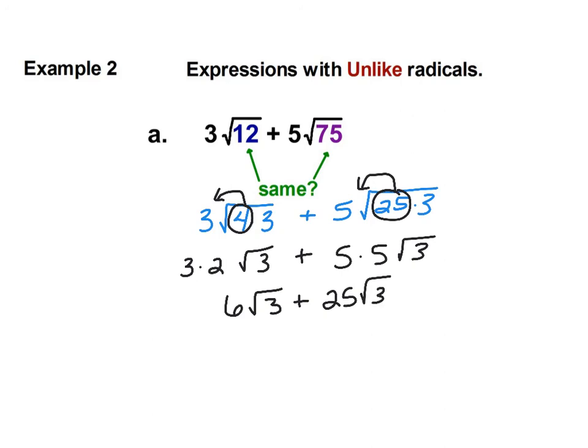We end up with like radicals, or radicands here. So in this case, we can combine these. If I add the 6 and the 25 together, that gives me 31. And my radicand remains the same. So I get 31 square root of 3.